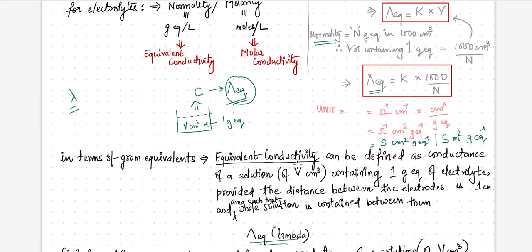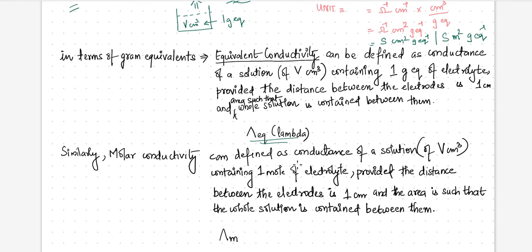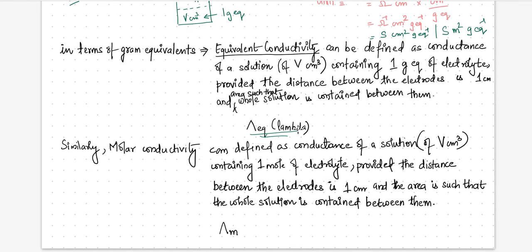Suppose you have concentration in terms of molarity. That means you are talking solely in terms of moles of the solution. In that case, the definition would be pretty similar.